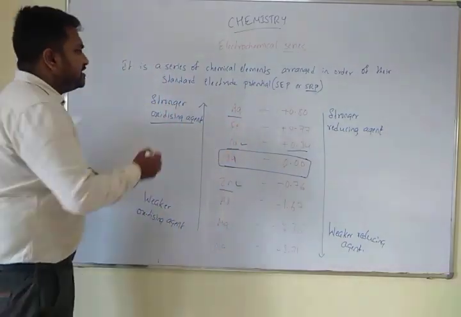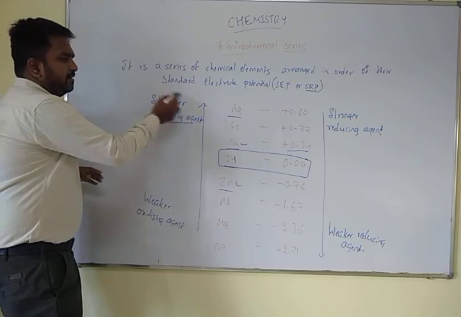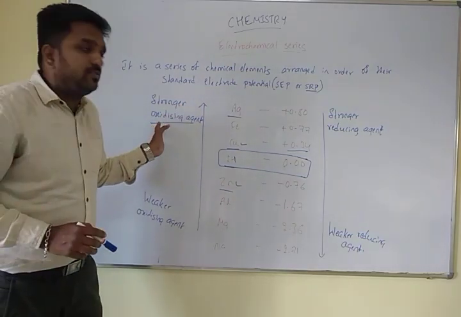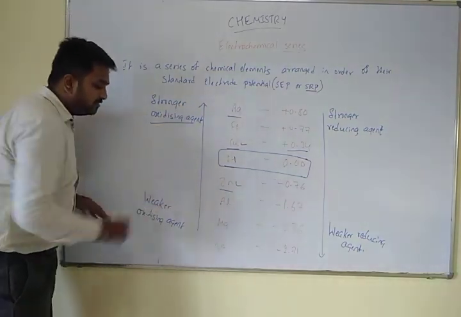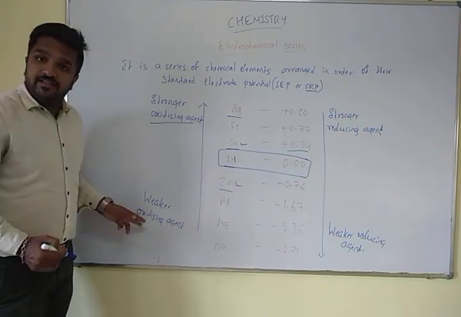Clear? So as you go up the order, the strength of the oxidizing agent increases, and as you go down the order, the strength of the oxidizing agent decreases.